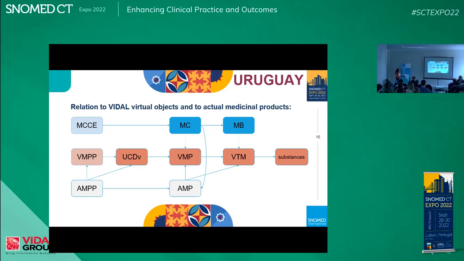There is also another concept, the AMCCAE, which is the virtual object at the package level, which is not currently available in our database. But it's the most specific. It's the object that would be at the package level.